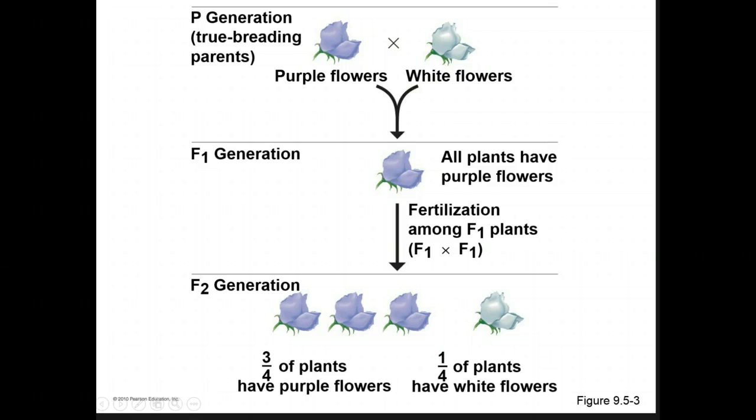What was interesting is that when he allowed the purple flowers to mate together, the F2 generation yielded purple flowers and white flowers at a ratio of 3:1, or 75% purple and 25% white. These results show that the white trait had not disappeared in the F1 generation, but was hidden as it came out again in the F2 generation.